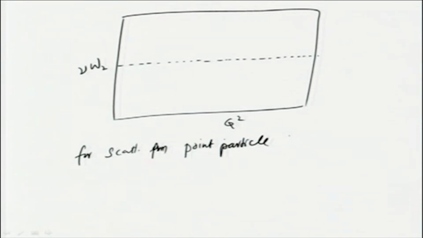If you do an experiment and then plot nu W2, how do you do that? It is exactly like the earlier case.